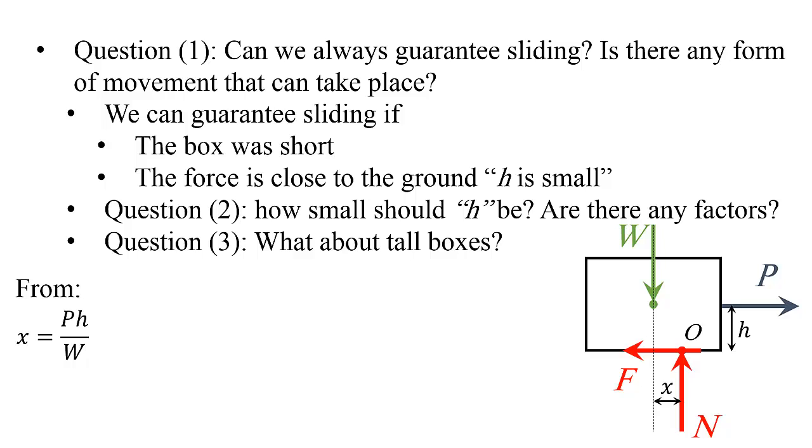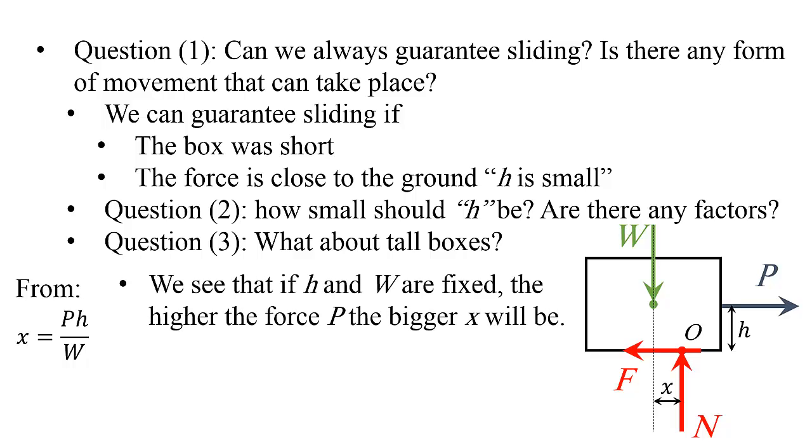Well, let's take a look at this diagram. This is our free body diagram, and I'm going to use the fact that x equals P h over W. We notice the following. If W is fixed, meaning the weight of the box doesn't change, and the height where I'm applying the force is constant, the bigger the P, the bigger the x. So x is going to get bigger and bigger, meaning it's going to go to the right.